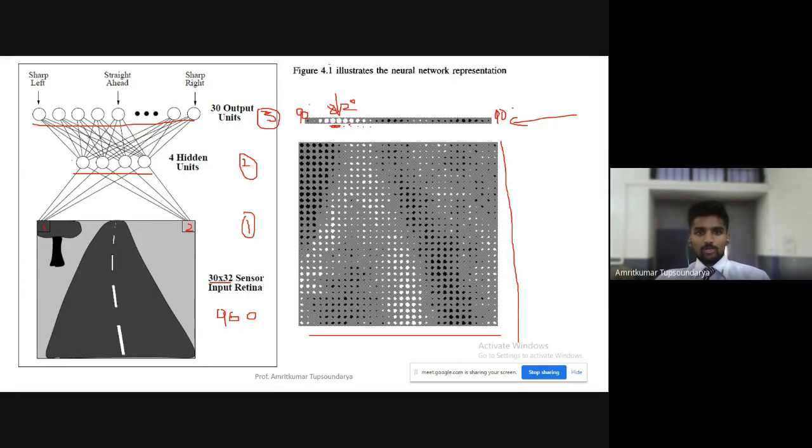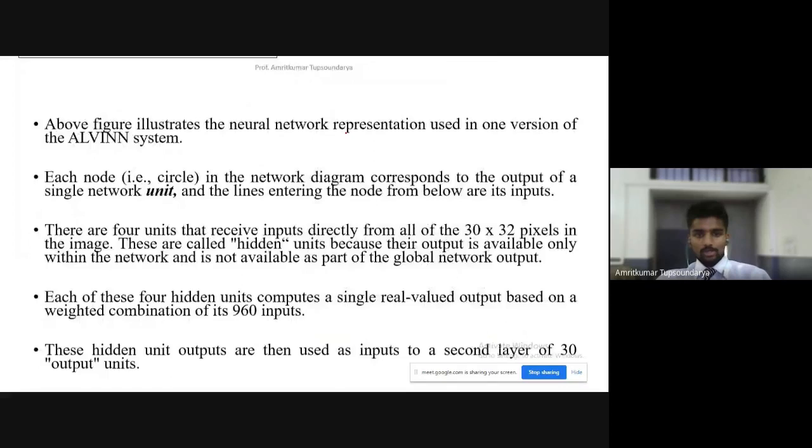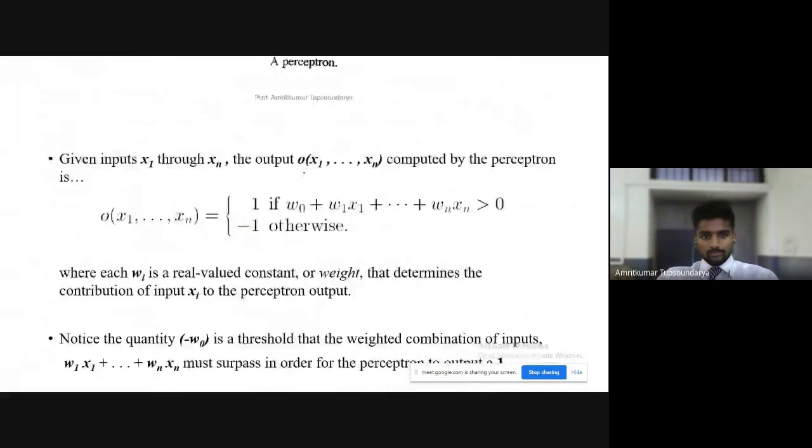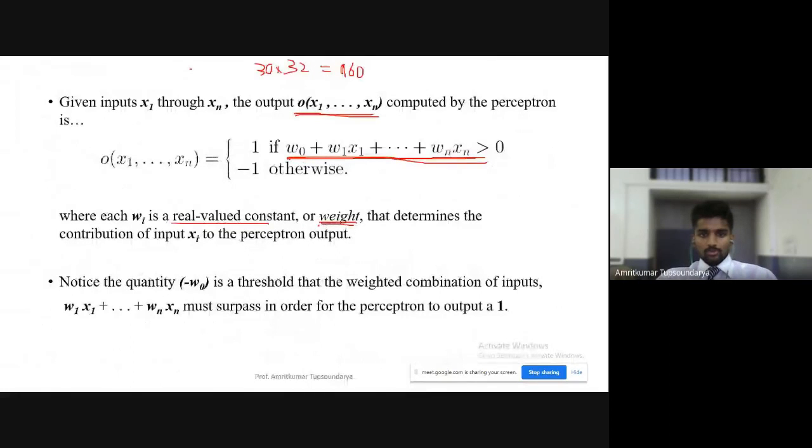So that means the weightage of this particular pixel is high, and that is the most recommended steering command or direction the system will recommend to the machine, or the trained model here. So that weight determines the contribution of that particular pixel, which is xi here, to the perceptron output.